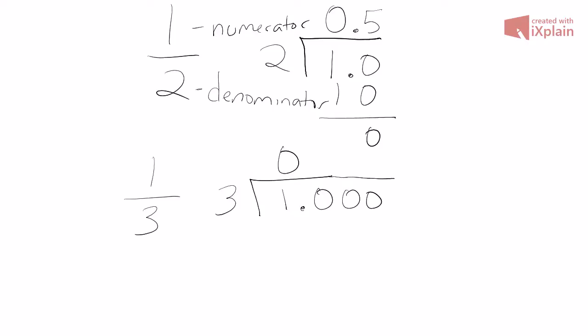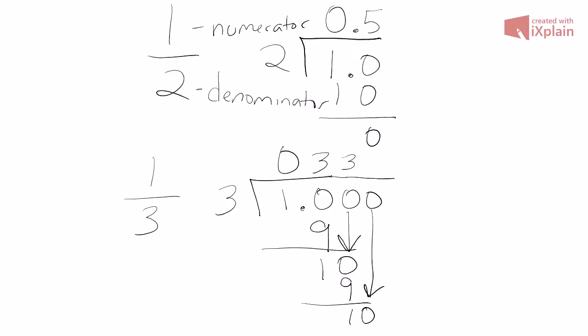Now, how many times can 3 go into 10? Yes, it can go in 3 times. 3 times 3 is 9, so that means I'm going to have 1. And then I'm going to have to bring down this 0, so I have 10. 3 goes into 10 3 times, because that was what we just said. And so 3 times 3 is 9, which leaves us with a remainder of 1, and we bring down another 0.